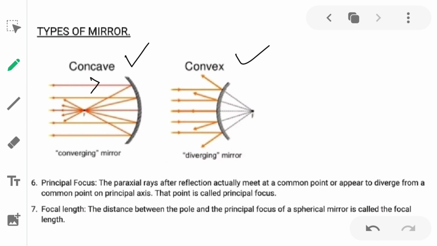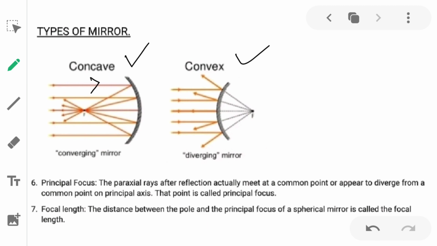Now the other two terms related to the spherical mirror are principal focus and focal length. As you have seen, the paraxial rays after reflection actually meet at a common point in case of a concave mirror, or appear to diverge from a common point in case of a convex mirror, on the principal axis.